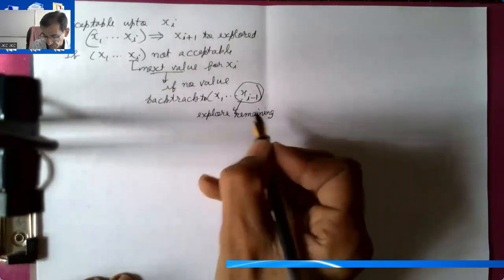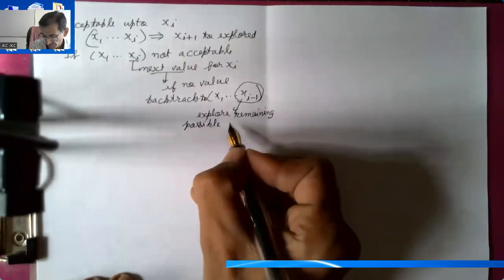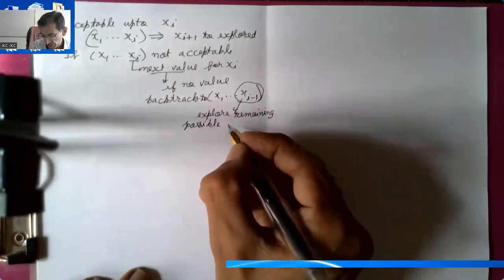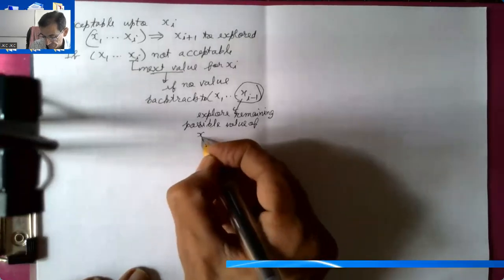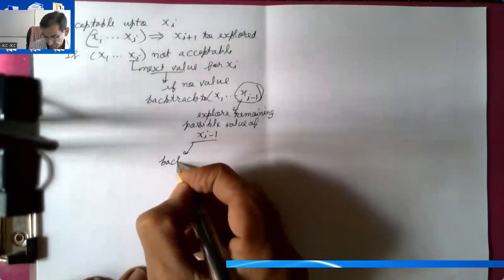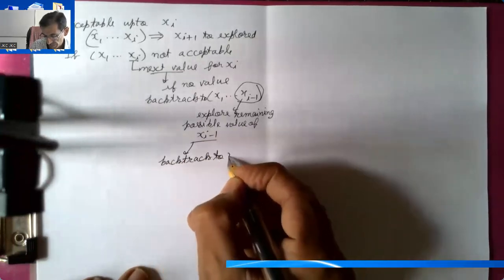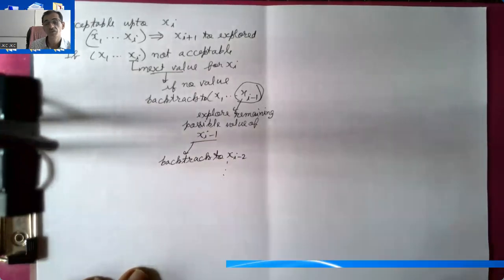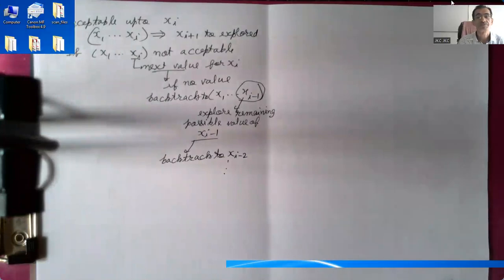So we have many possibilities for xi minus 1 also, and we will be exploring possible values of that one. If not acceptable, still backtrack, to xi minus 2 and so on. So this is going to be my logic for this particular situation.